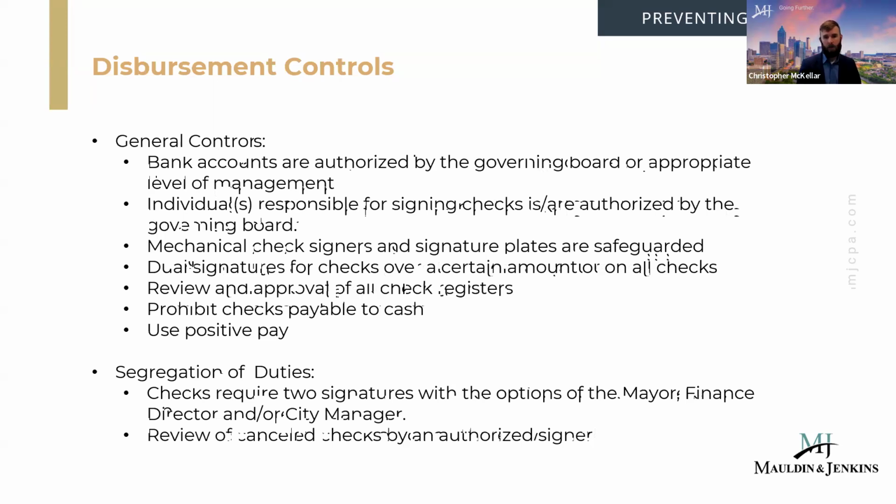Now, when we're talking about review and approval of check registers, I would consider making it a control that the person reviewing and approving the check register would initial each line of the check register to eliminate the opportunity of having a check that was run in a separate batch or a check that was in that batch that was not included in the support.